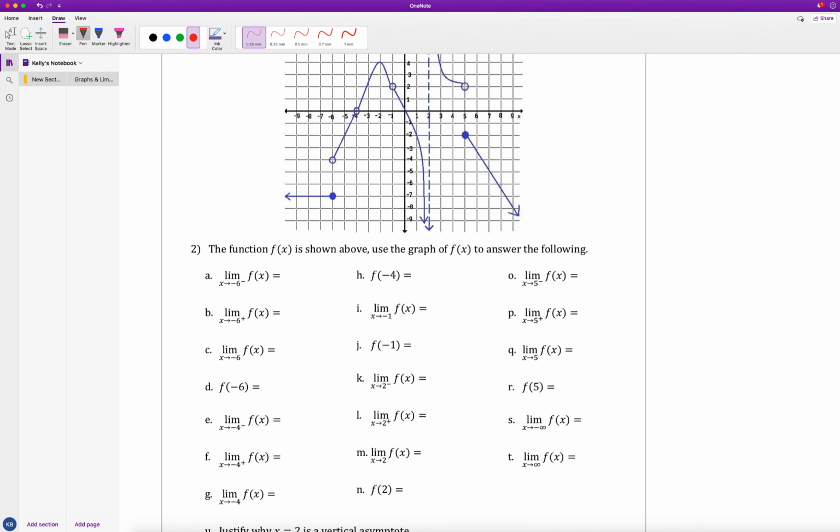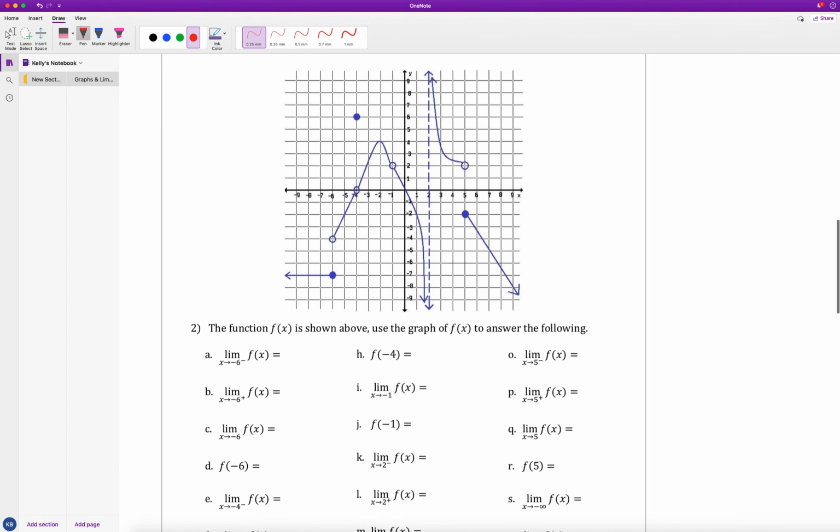Okay, so let's check A through G. Part A is saying, what is the limit as x approaches negative 6 from the left-hand side of f of x? Looking at negative 6 on my x-axis, as I approach from the left-hand side, that's this horizontal line that's going towards negative 7.